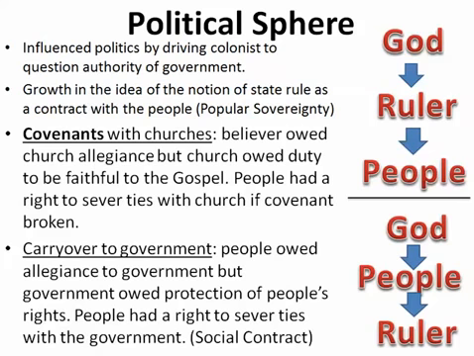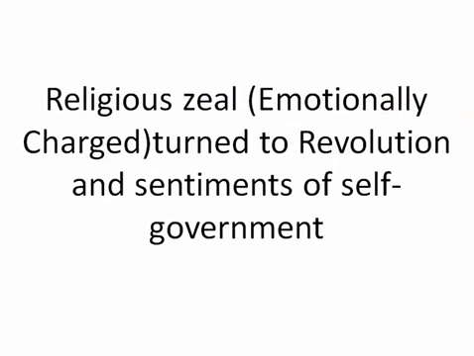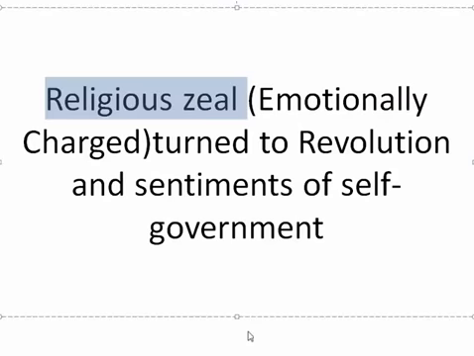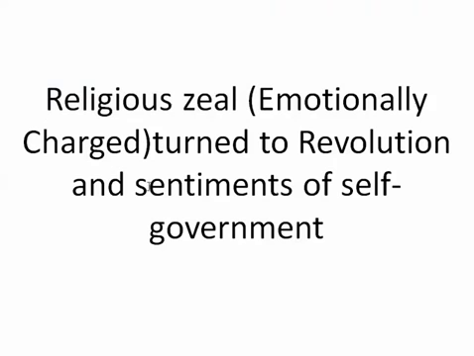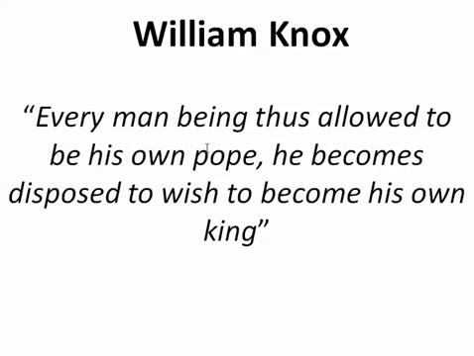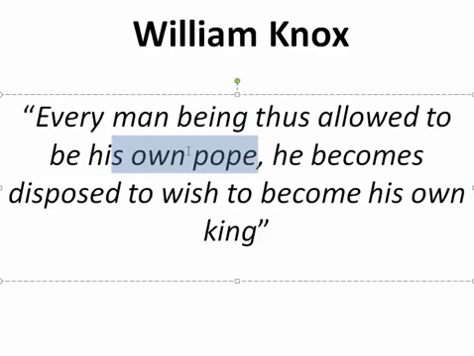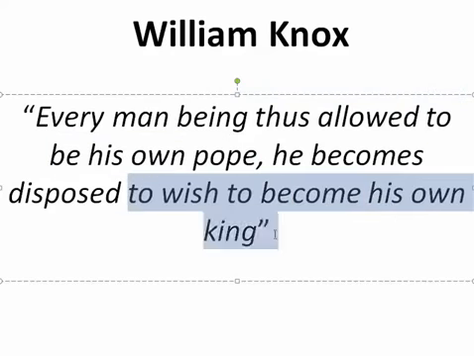Okay. All right. So what we had during the Great Awakening was this religious zeal, a lot of emotionally charged excitement. It's going to turn to revolution and sentiments of self-government. That's what we talked about. And we gave a quote: every man being thus allowed to be his own pope, in other words, take control of his religion, becomes disposed to wish to become his own king.